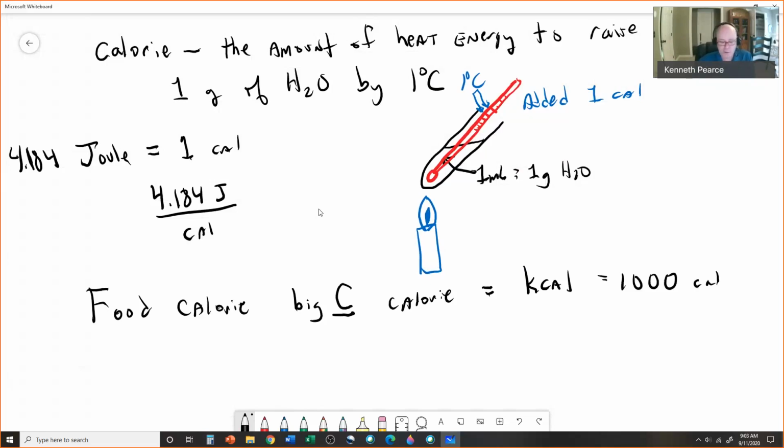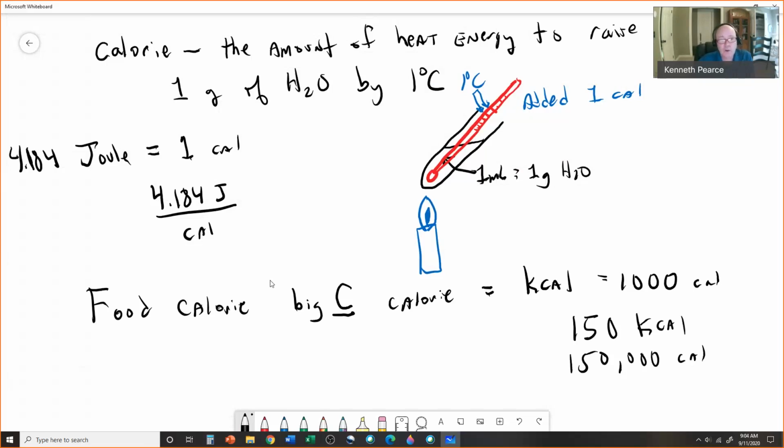If you look on the back of, say, a bag of Doritos, it will say so many calories per serving. Well, those are big C calories. Those are actually kilocalories. So if something has 150 big C calories or kcals, that's the same as 150,000 calories, because there's 1,000 calories for every kilocalorie. And that's what you find on the back of food products, big C calories.